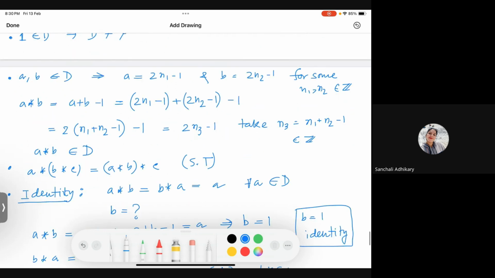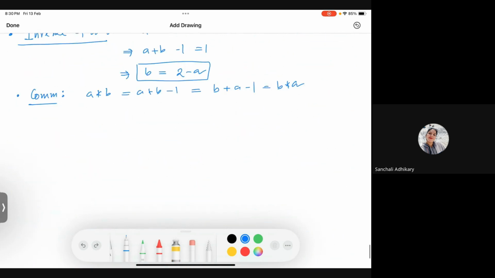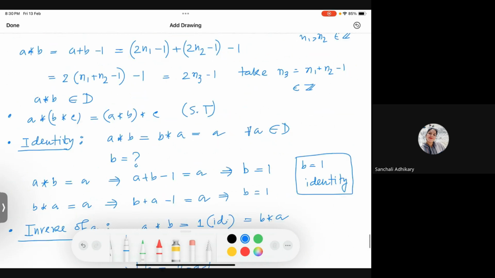So now the second part is, what is the inverse of 3? The inverse of 3 is 2 minus 3, equal to minus 1. Okay. Done. So write it properly.